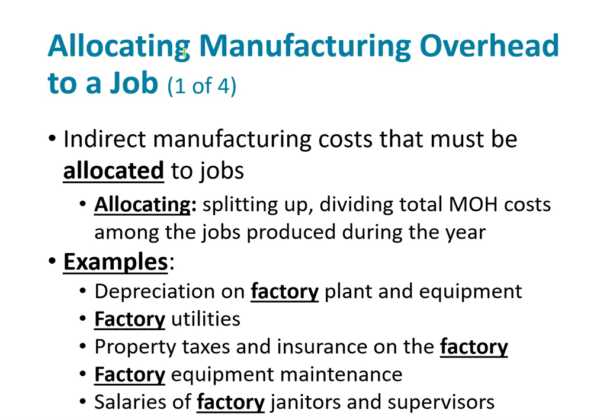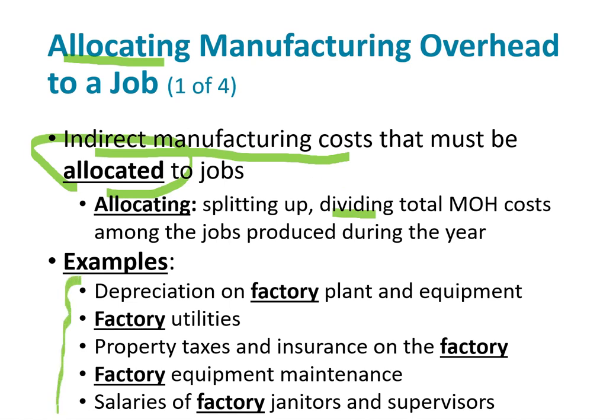Now, the tricky part here is that we're going to allocate manufacturing overhead, and it's very important that you understand. The indirect manufacturing costs will be allocated to the jobs. And allocating is just a way of splitting up or estimating the amount of manufacturing overhead that each job is going to absorb. So we're going to estimate how much all of these indirect manufacturing costs are.